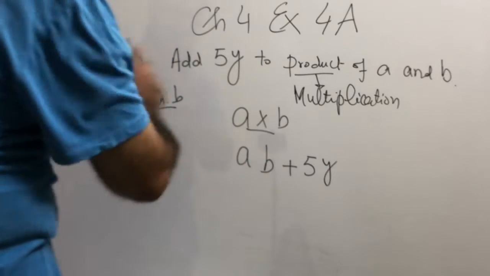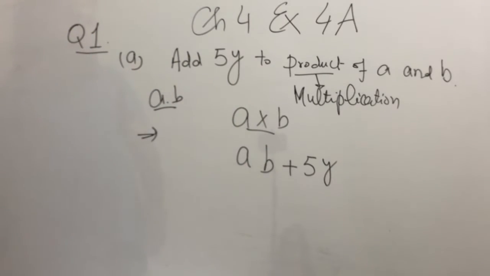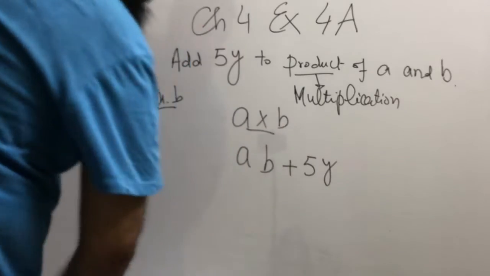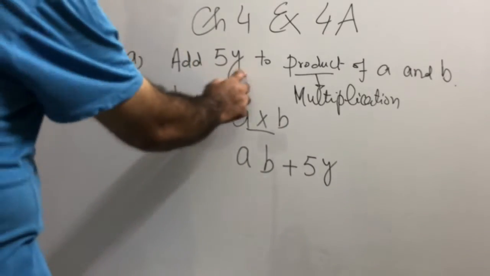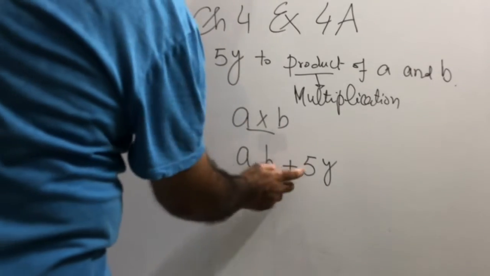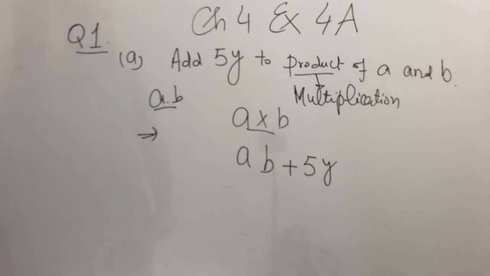AB means A multiplied by B. It is understood. Add means plus, so we did plus 5y. This is the answer for part A.